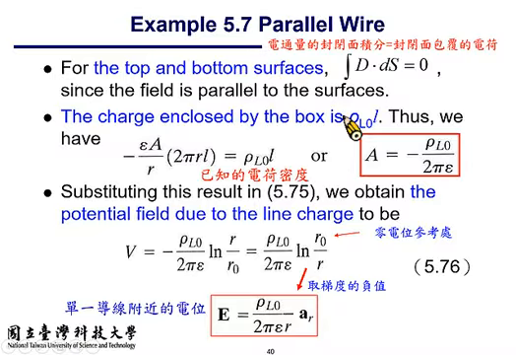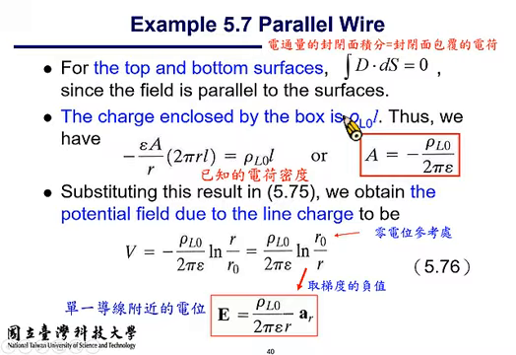The line charge density. Line charge density is rho sub L0.